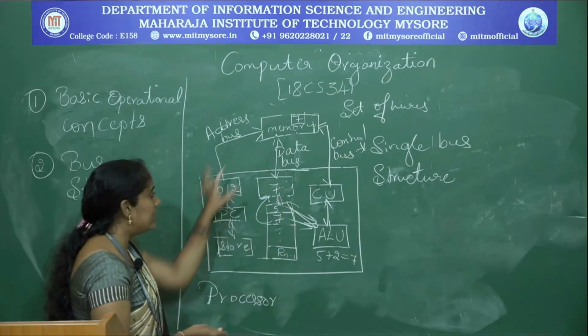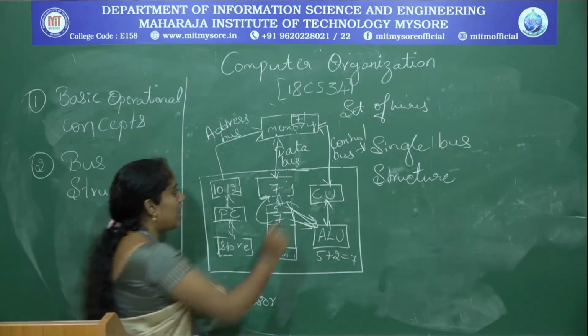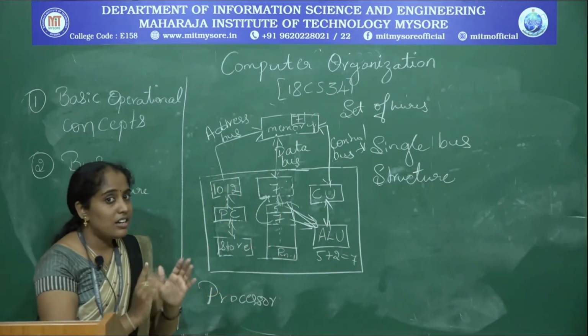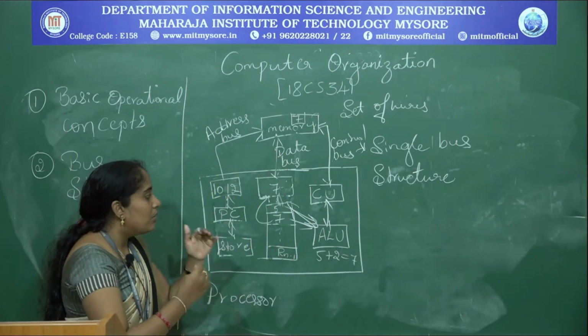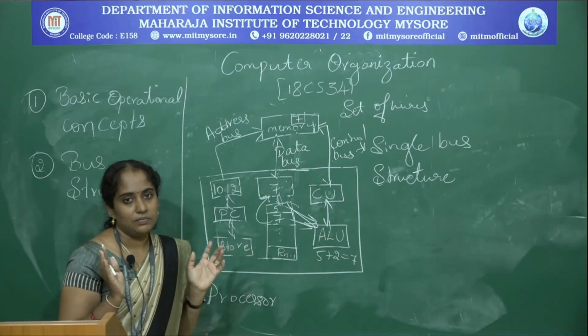So here we are using a single bus structure. Single bus means we are using only one set of wires. In the single bus structure only two devices can be active at the same time, right.